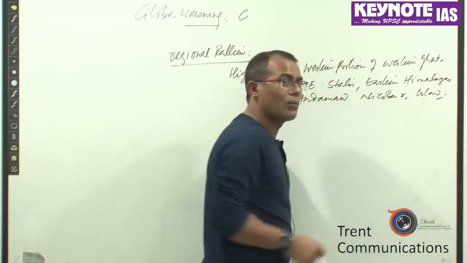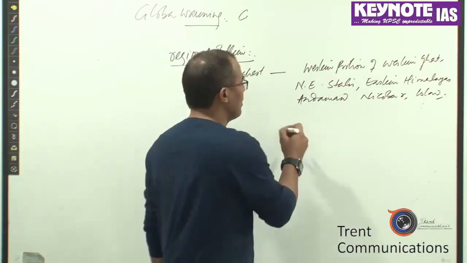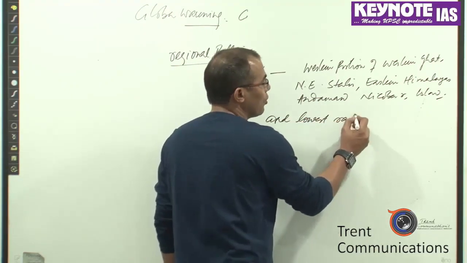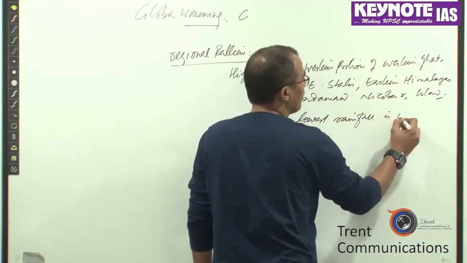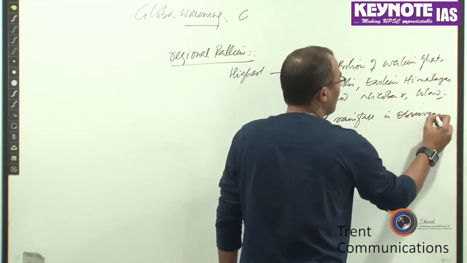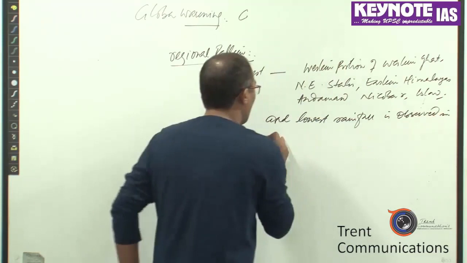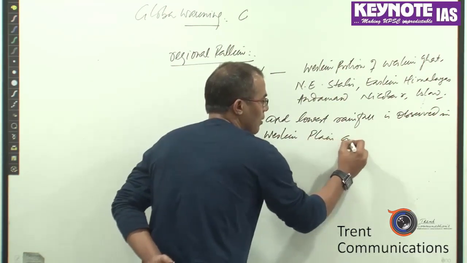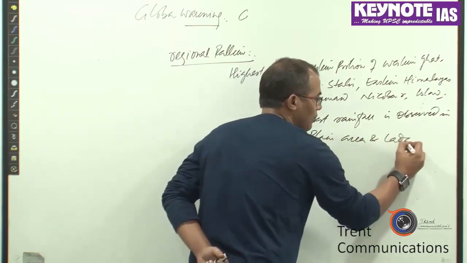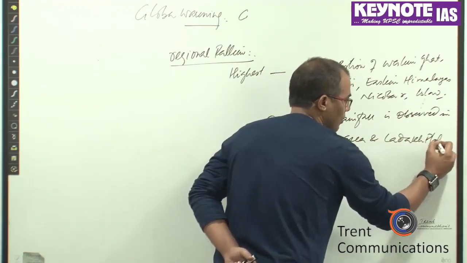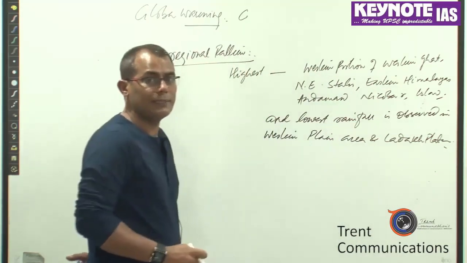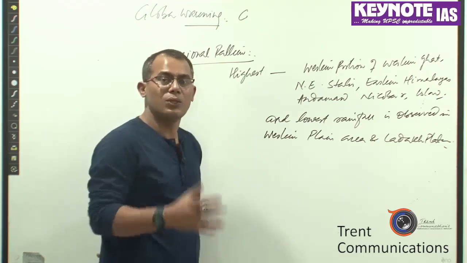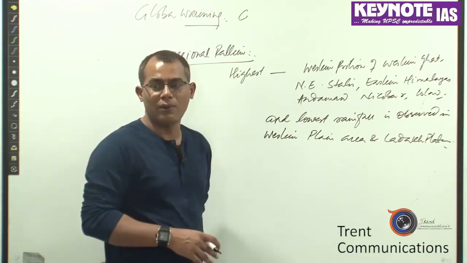In one go itself talk about them, and the lowest rainfall is observed in the Western Plain area and Ladakh Plateau. The rest of the country shows a pattern with moderate amount of rainfall.